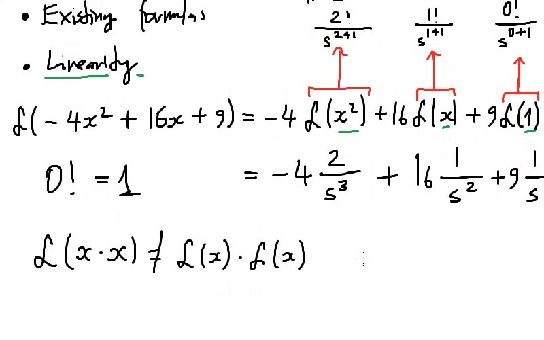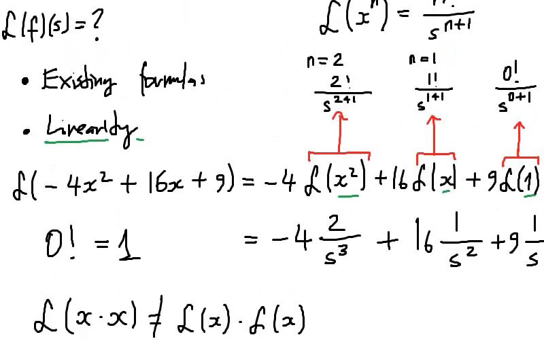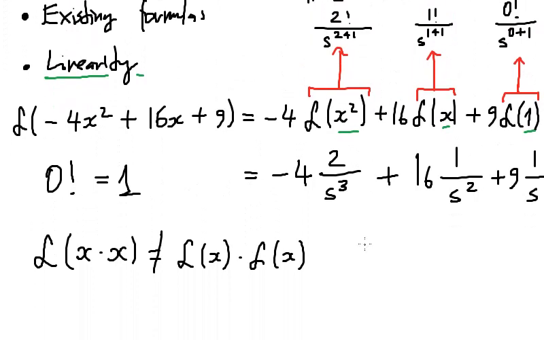So L of x times x, which is x squared, so L of x squared is 2 over s cubed, and that definitely isn't equal to L of x times L of x, and L of x is 1 over s squared, so that's definitely not equal to 1 over s squared times 1 over s squared. You can see clearly that these things are not equal.